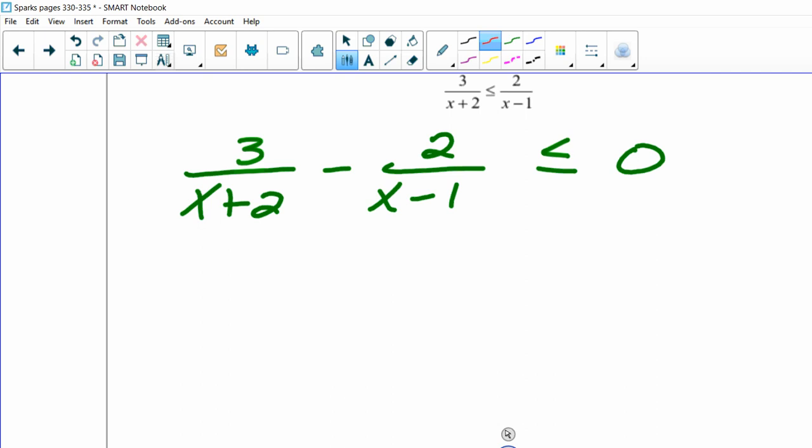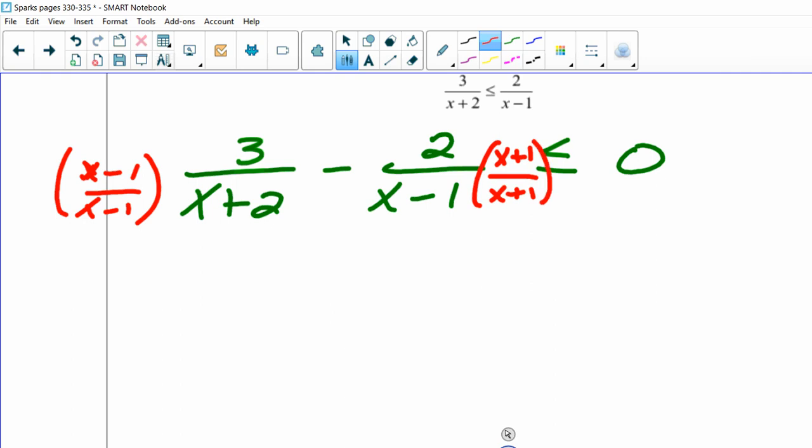Is that what you want to do? So this is missing x minus 1. This one's missing x plus 1. And this one's missing all of it. But what do I get when I multiply that anyway? I'm still going to get 0, so I'm not going to worry about it.